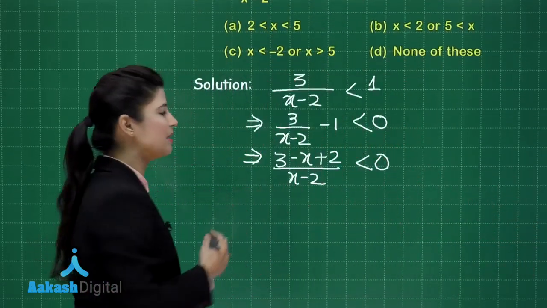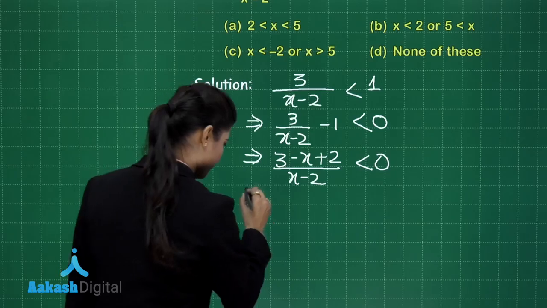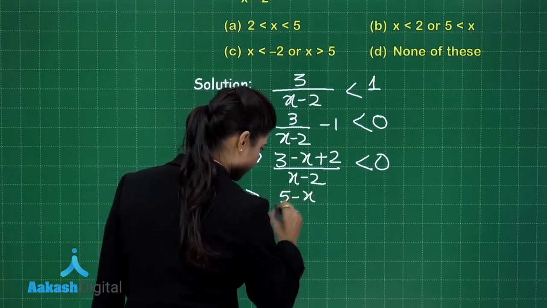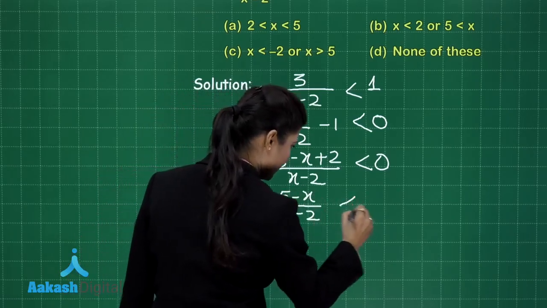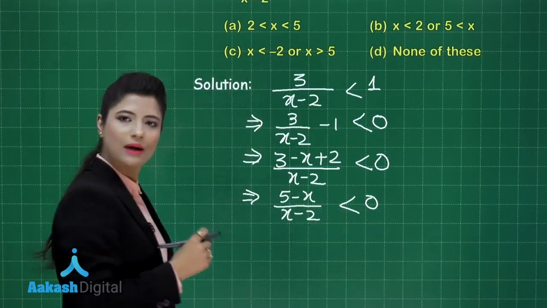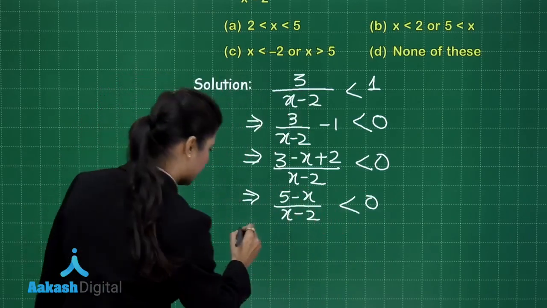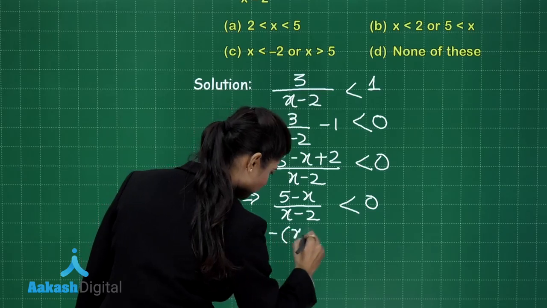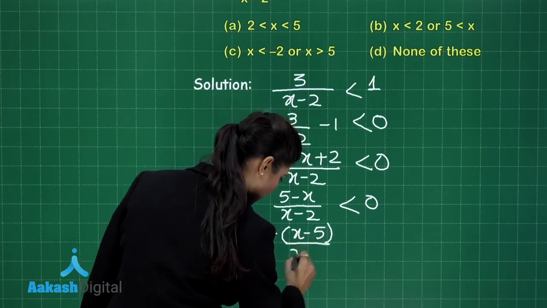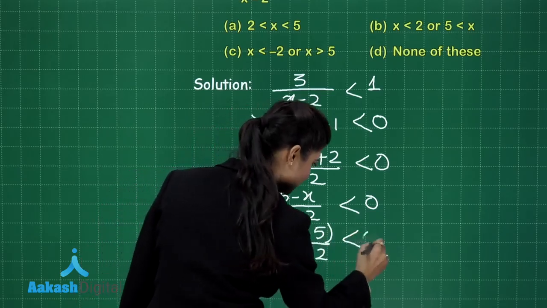Proceeding ahead, this will become 5 minus x upon x minus 2 less than 0. Now if I take minus common from the numerator, this will become minus of x minus 5 upon x minus 2 less than 0.